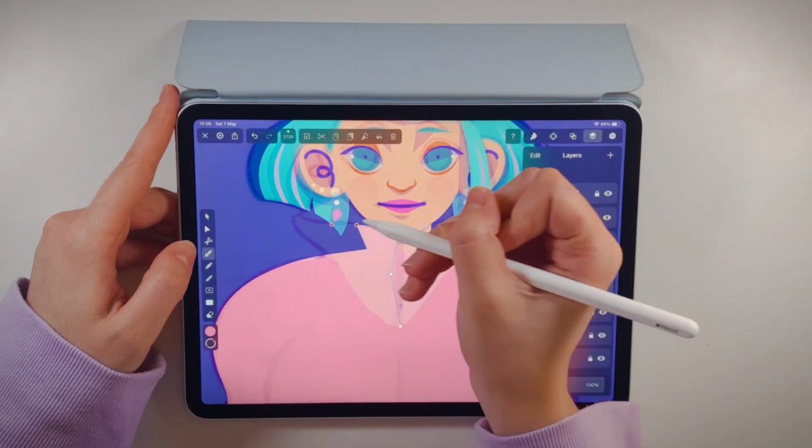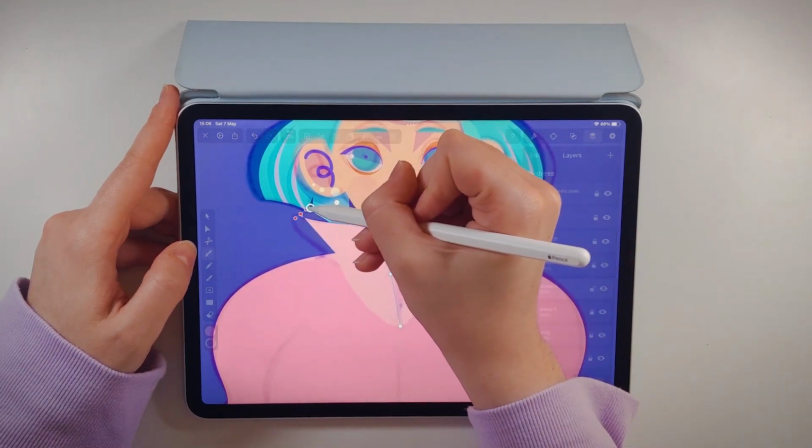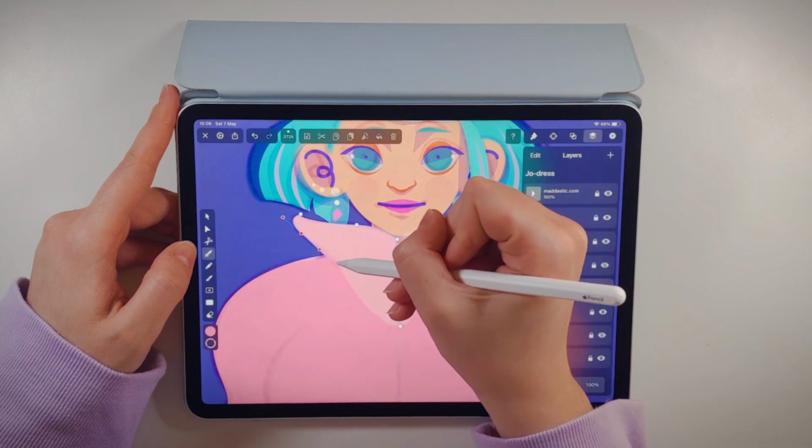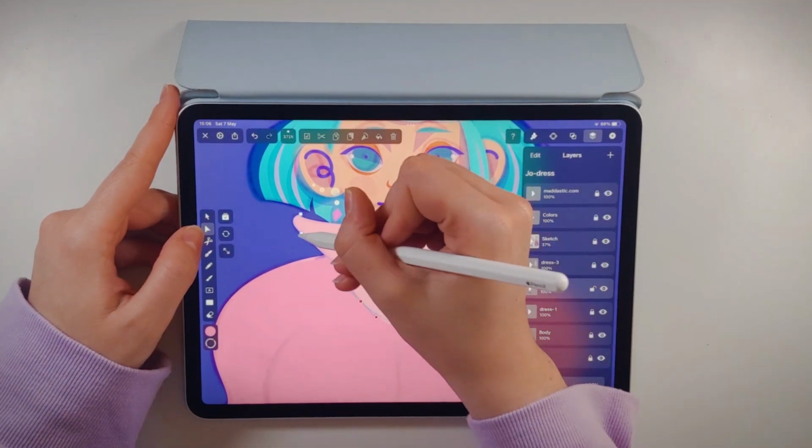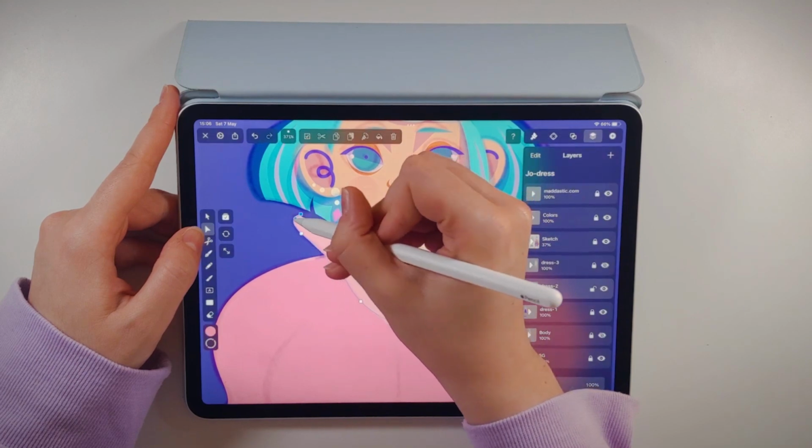Don't be afraid to have fun with your character's outfit either. I created a funky jacket collar by taking inspiration from crazy movies like The Fifth Element. Since it's a fantasy world, why not make it interesting?